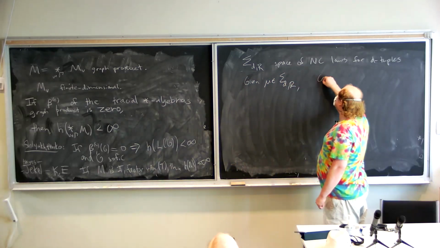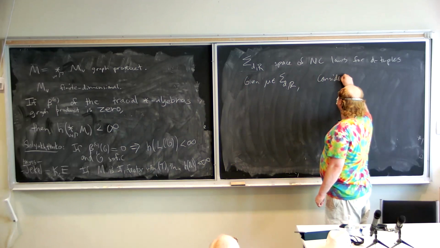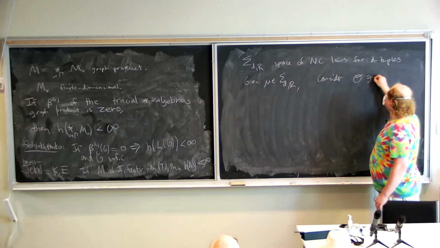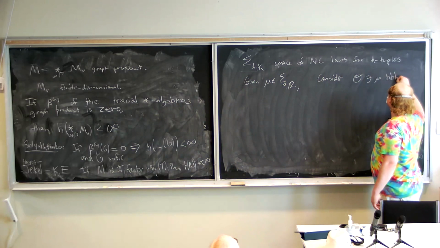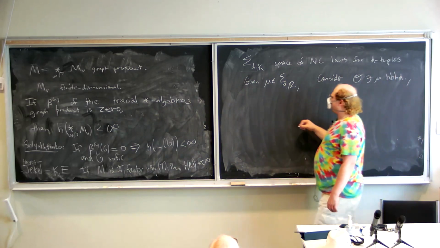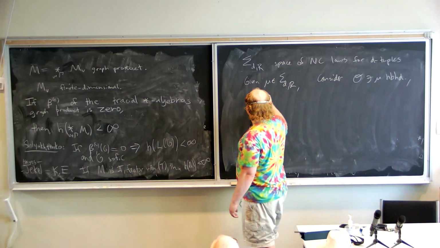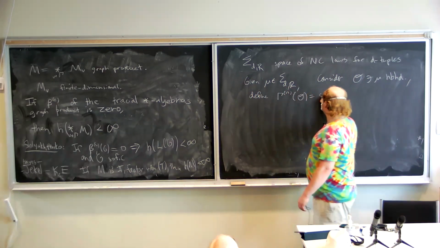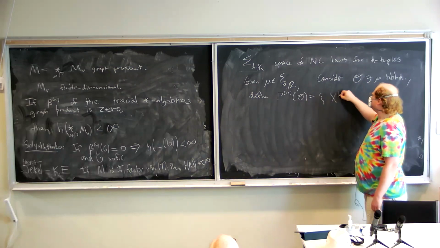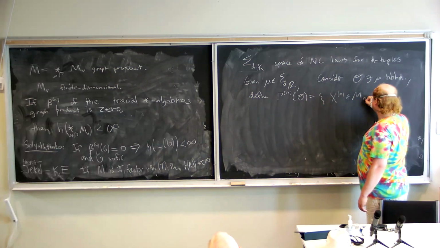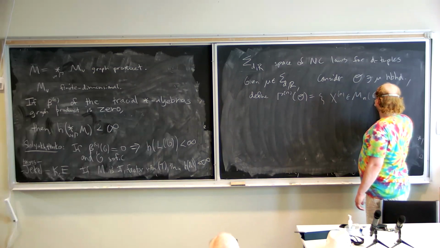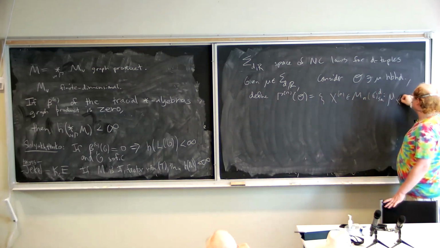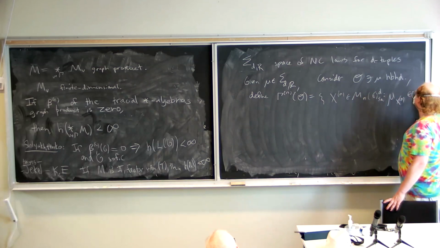You could consider O, which is a neighborhood in the space, and then define your microstate space. So gamma_n of O is tuples in self-adjoint n by n matrices to the d, such that their non-commutative distribution is in the neighborhood O.